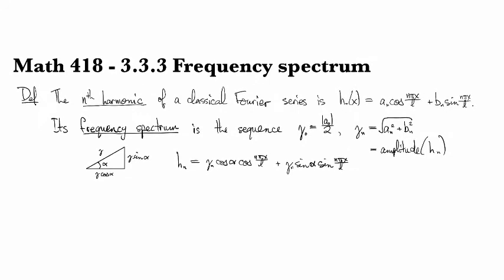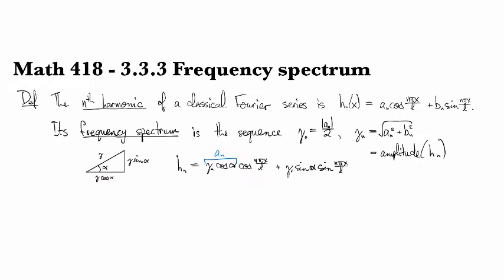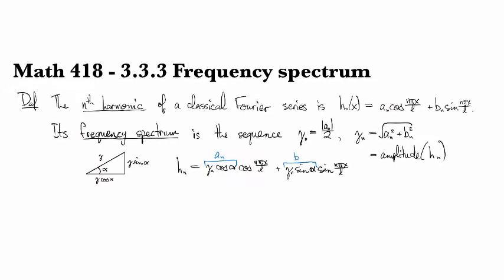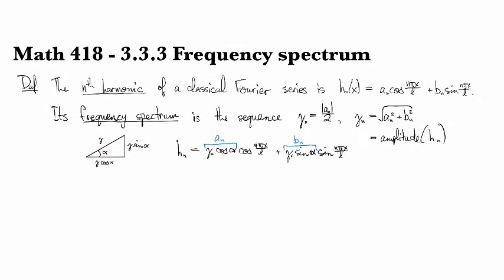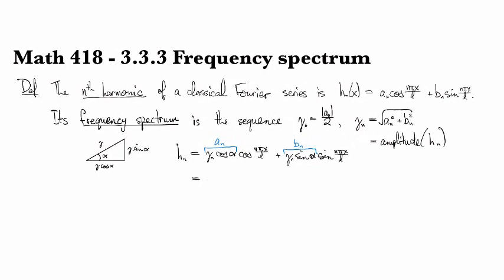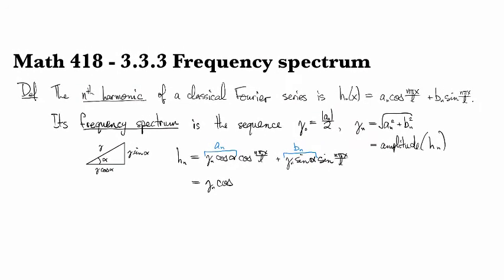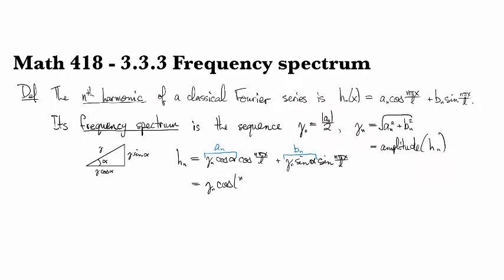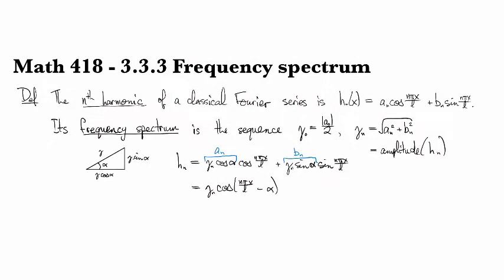And so here, this first one is my an coefficient, and this one here is my bn coefficient, but I'm just rewriting it in terms of this new variable alpha, because then I have things in the form of a trig identity, which simplifies to being just cosine of the difference, so n pi x over L minus alpha.